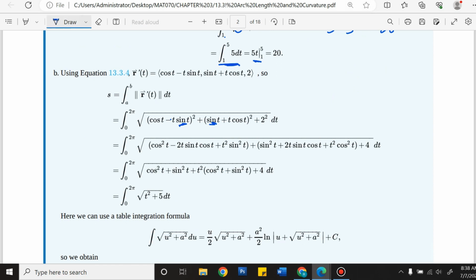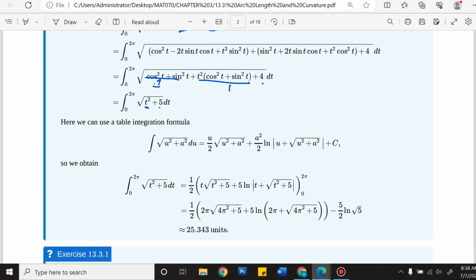Let us simplify right away. Now, take note that cosine squared plus sine squared is equal to 1. This one too is equal to 1. So, we will have t squared times 1, which is t squared. 1 plus 4, 5.